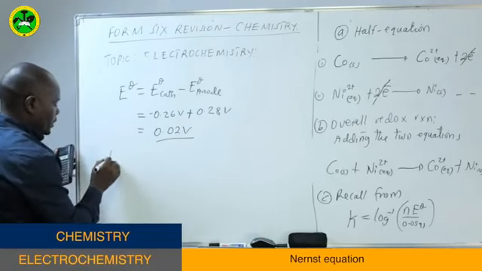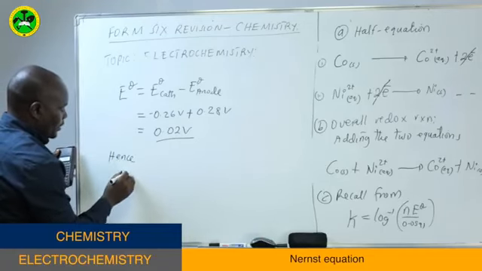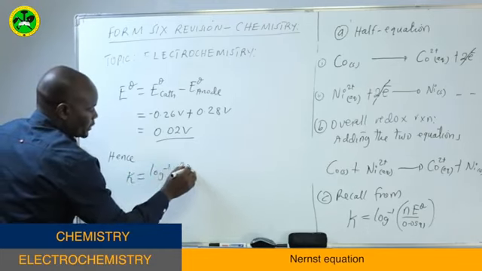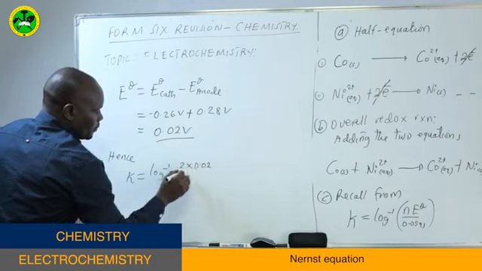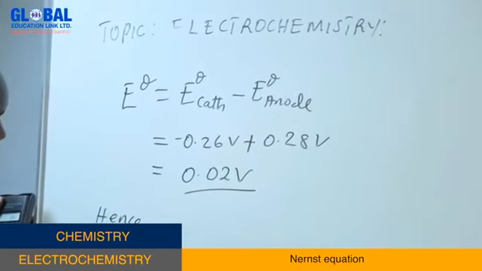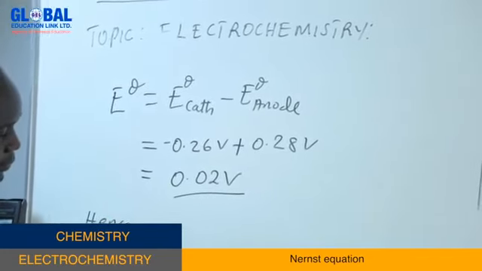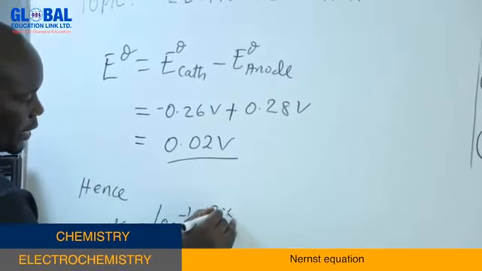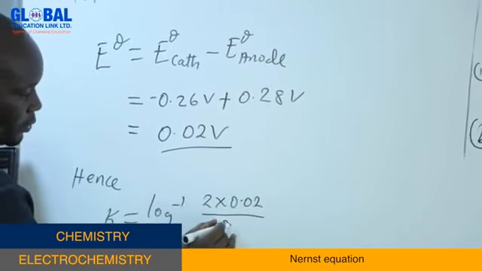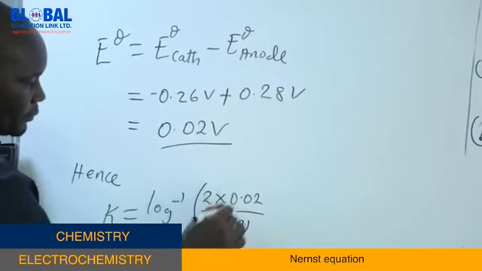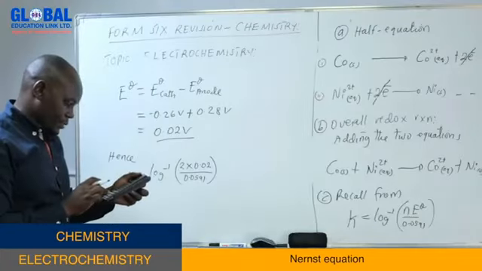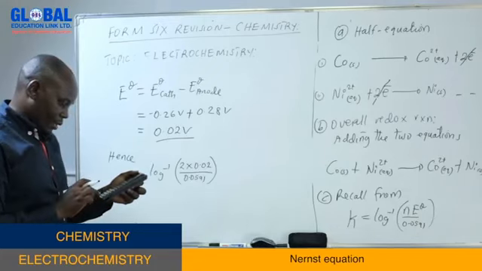Now if we substitute, the equilibrium constant K will be equal to the log inverse of 2 times 0.02 divided by 0.0591. Then if you use your calculator, my dear student, it will be so simple. 2 times 0.02 divided by 0.0591, then take the log inverse of your answer.